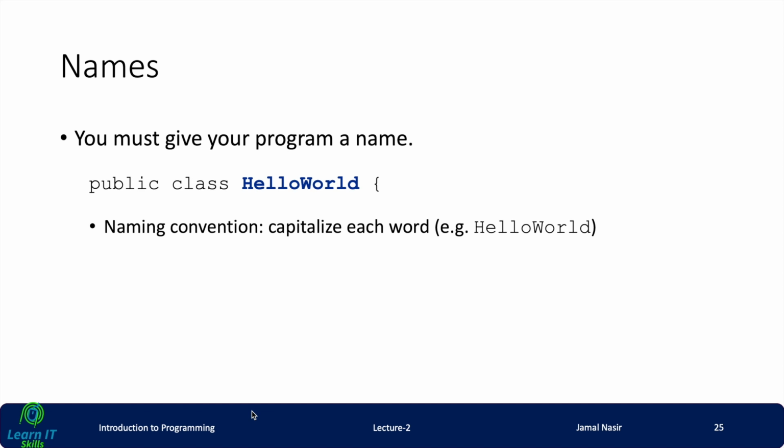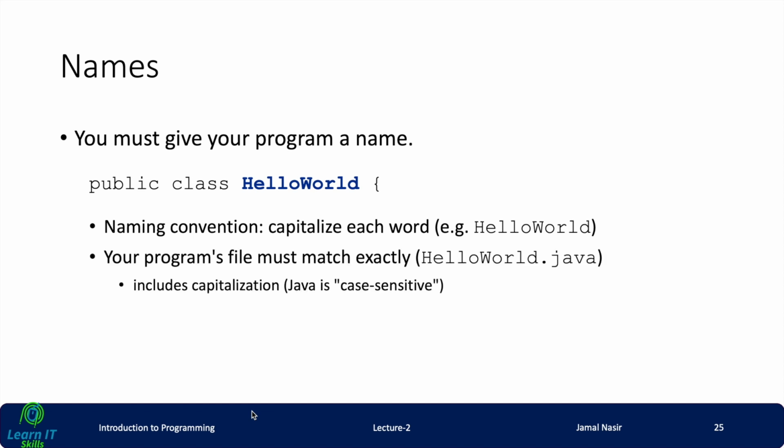So here, in HelloWorld, H and W are capital. So your program's file must match exactly, as I told before, HelloWorld.java. Okay, and Java is a case sensitive language.